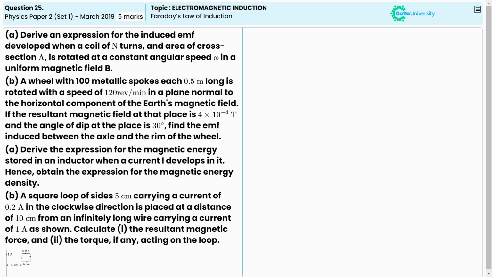So for this one, here the number of spokes n is equal to 100. Length of each spoke l is equal to 0.5 meter.